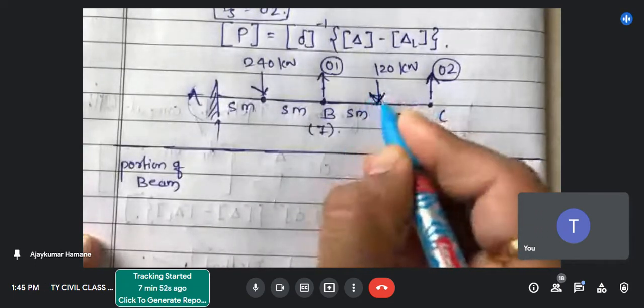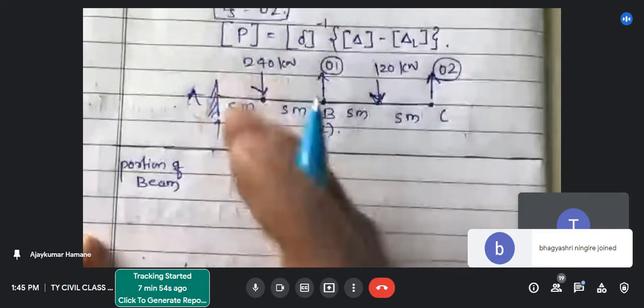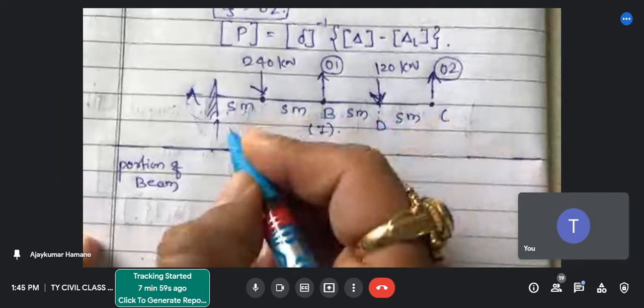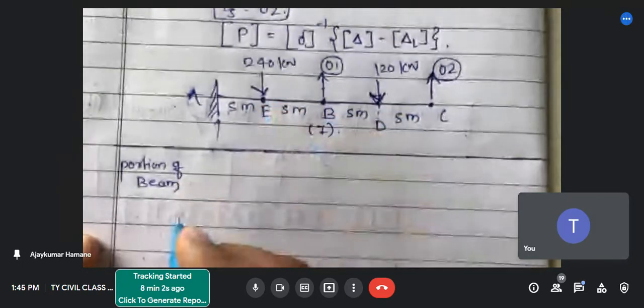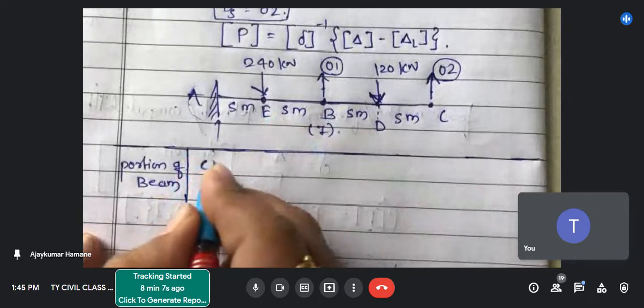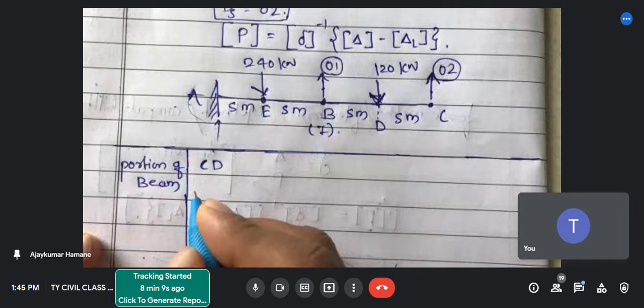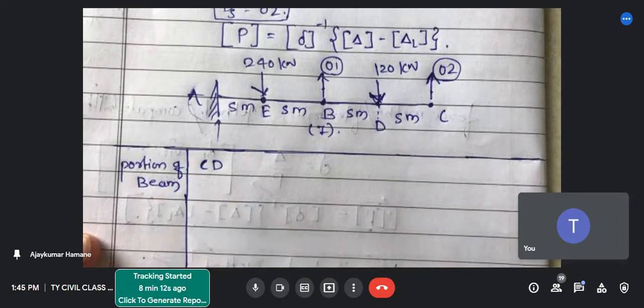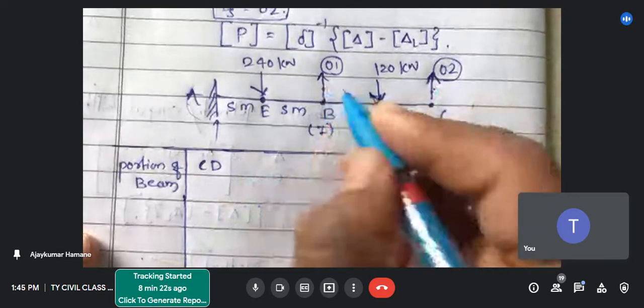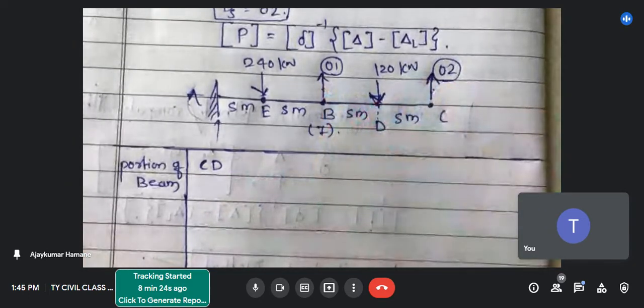So whenever there is a point load or a moment, you divide this beam. So I will divide this beam here D and here E. So the portion of the beam, what will be the CD, or we have coordinate 1 and coordinate 2. So you divide this beam, okay?